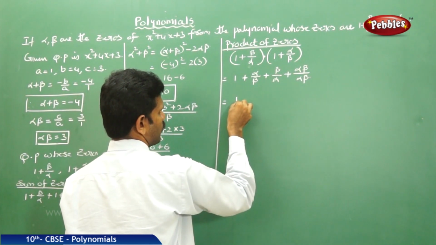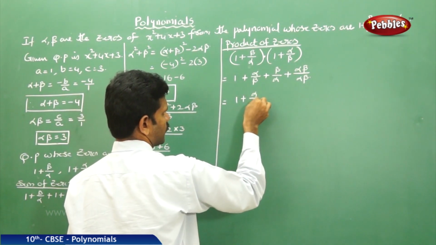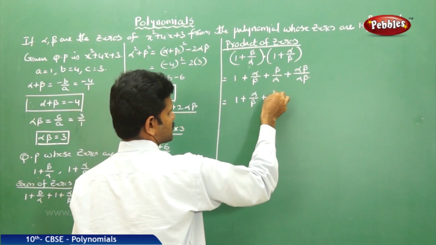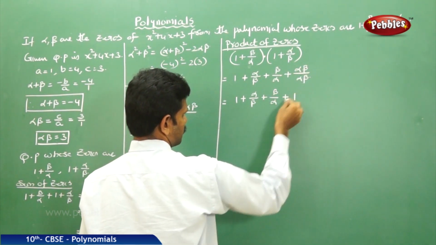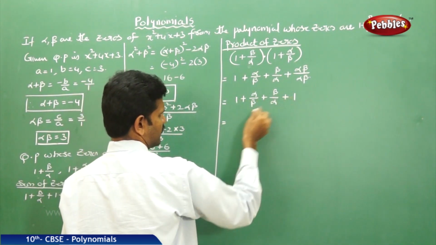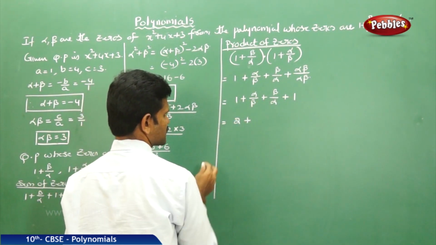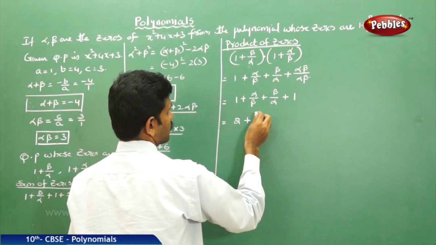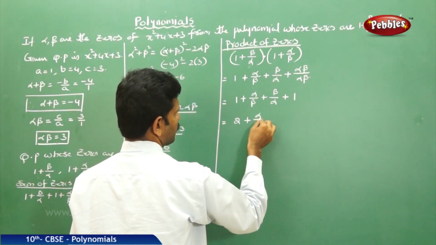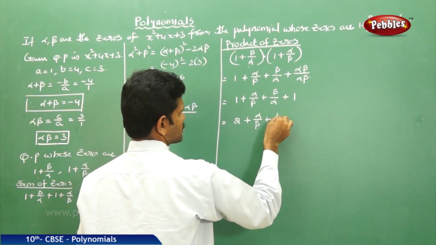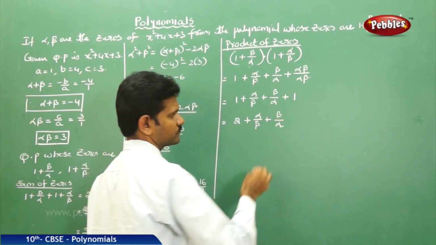Now 1 plus alpha by beta plus beta by alpha plus 1, that is 1 plus 1, 2, plus alpha by beta plus beta by alpha.